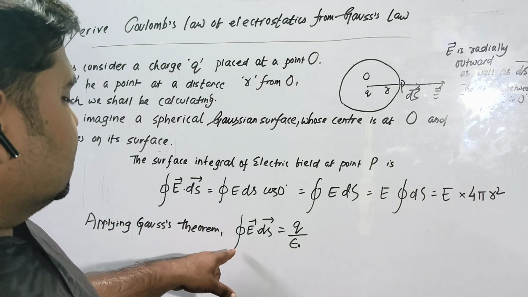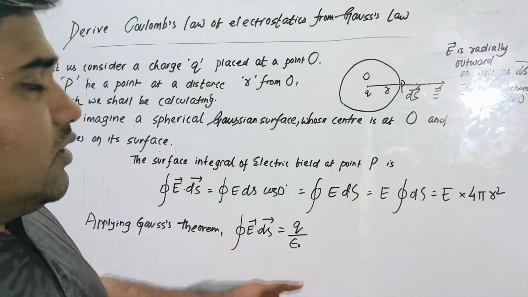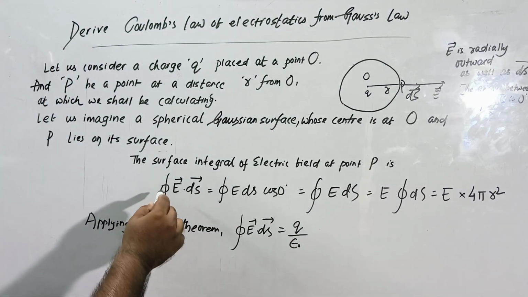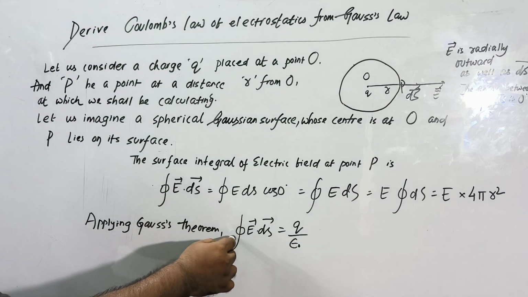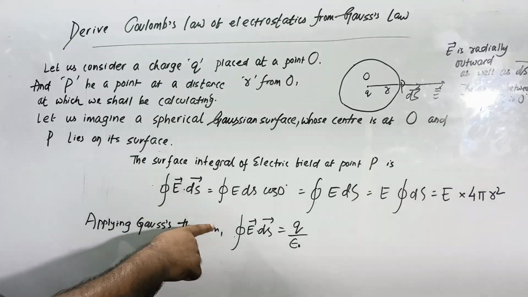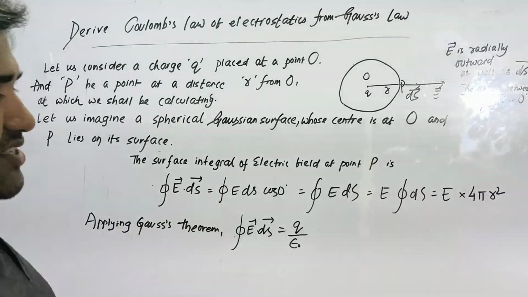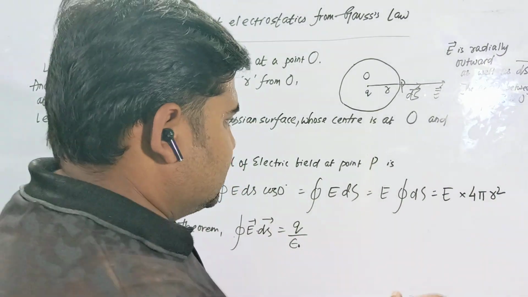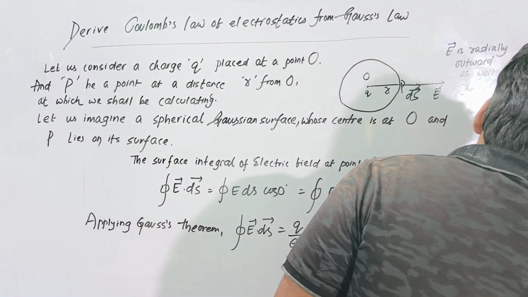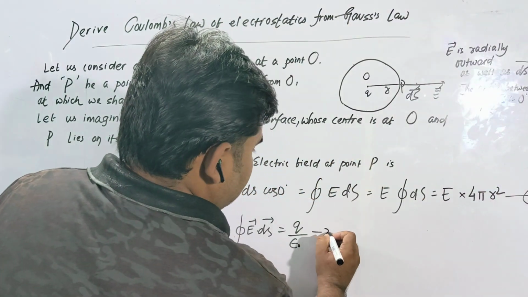Since the left side of both equations is the same, the right sides must also be the same. You can name this equation 1 and here it is equation 2.